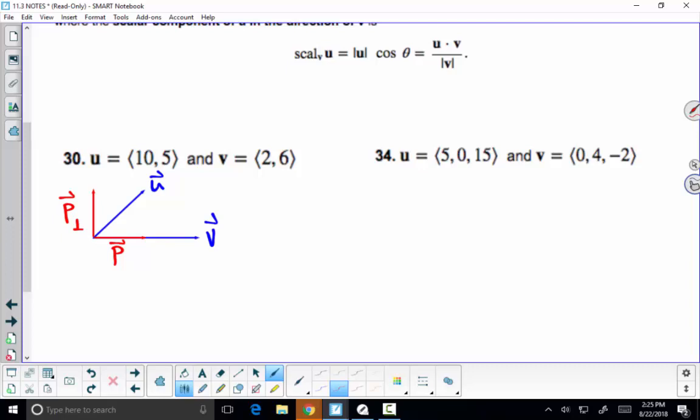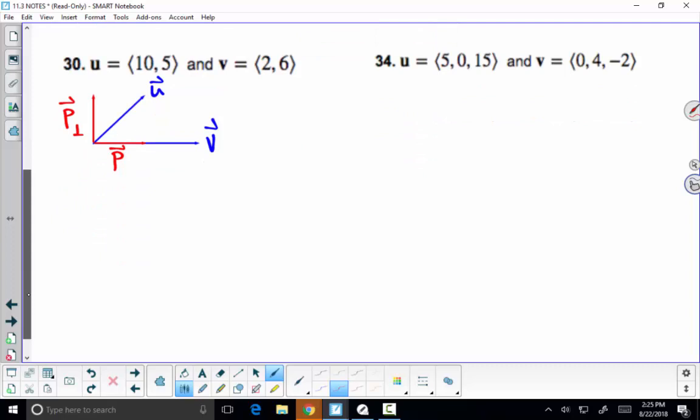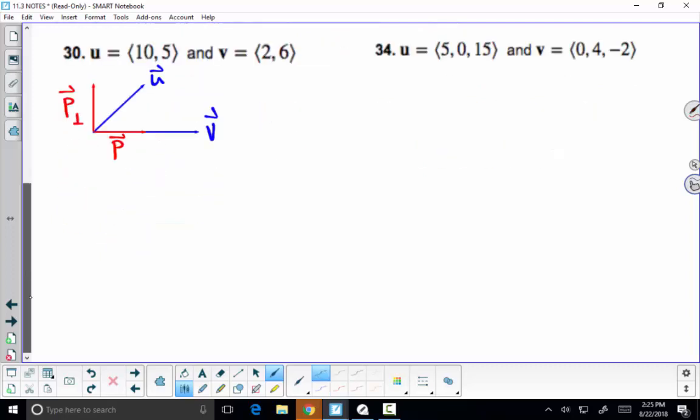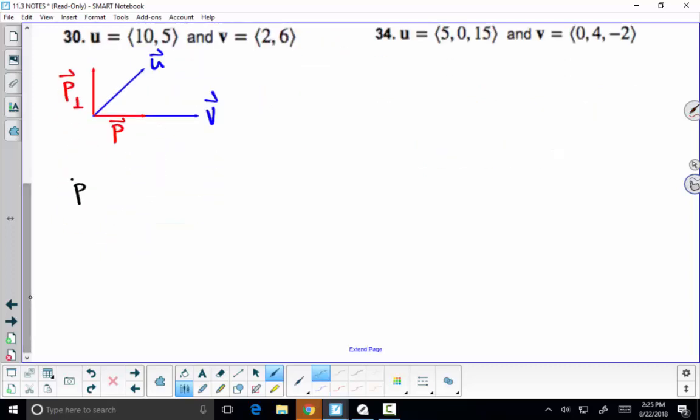All right, so p, just p, the projection. We're going to use that just as a shorthand notation to represent all of this. So the projection of u onto v, we're trying to figure out what that vector is, and it's called an orthogonal projection just because that's perpendicular right there.